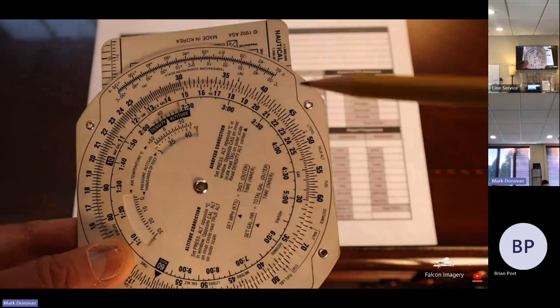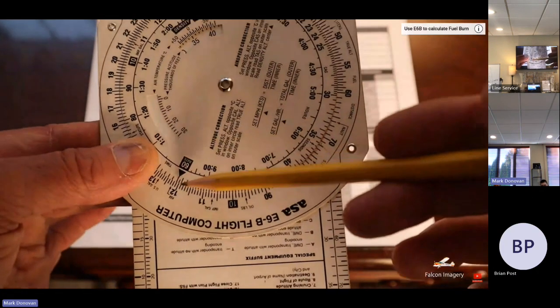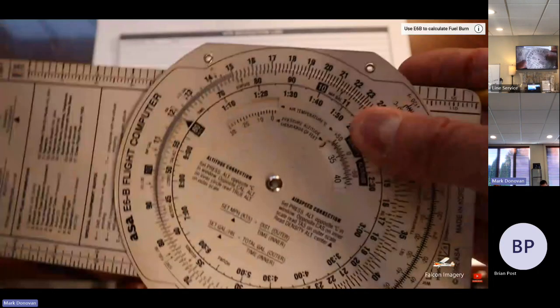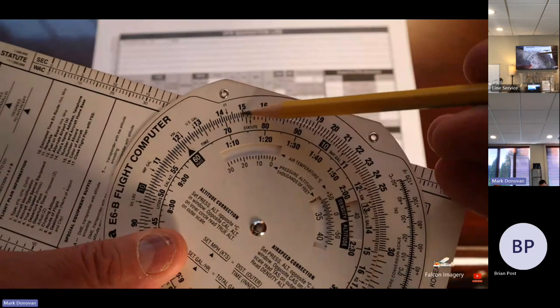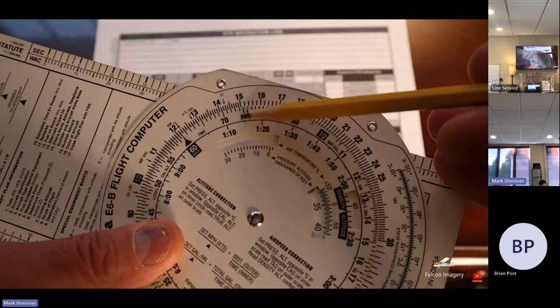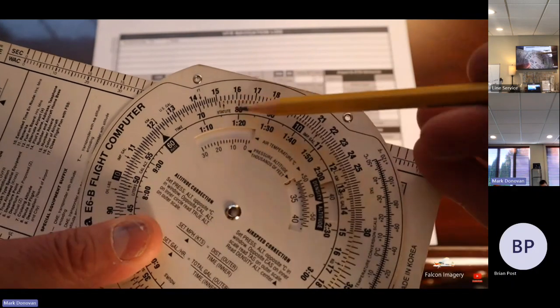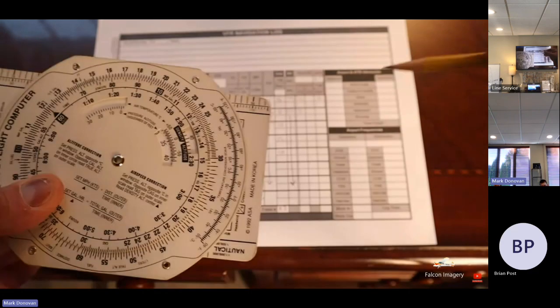So again, while maintaining the triangle underneath the ground speed of 121 knots, we're just going to move this and look at the outer ring for 15 nautical miles and see what we see for time underneath. 70, 80, we know it's not 70 or 80 minutes, it's going to be between 7 and 8 minutes, or roughly 7.5 minutes. So we're going to record that time.